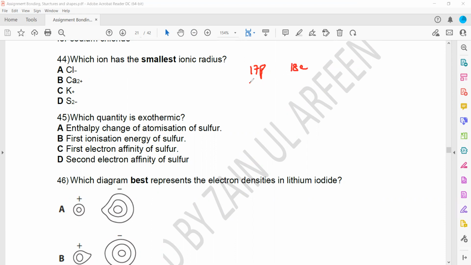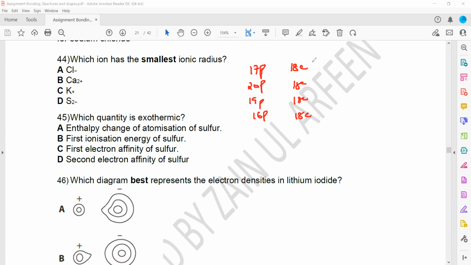Calcium has atomic number 20, so 20 protons, but Ca2+ lost 2 electrons, so it will have 18 electrons. All are isoelectronic. Potassium has 19 protons, and because it lost 1, 18 electrons. And sulfur has 16 protons, but 2- means 18 electrons.